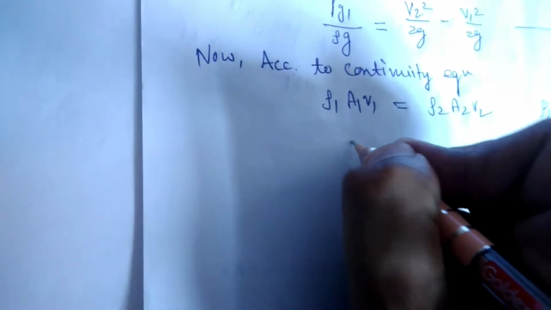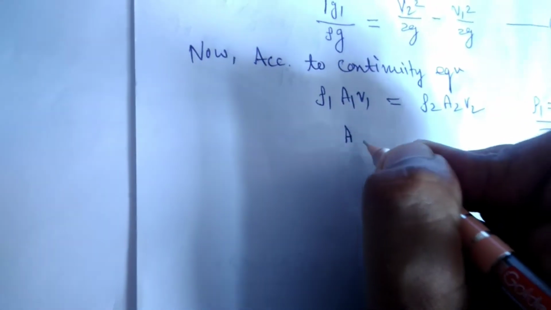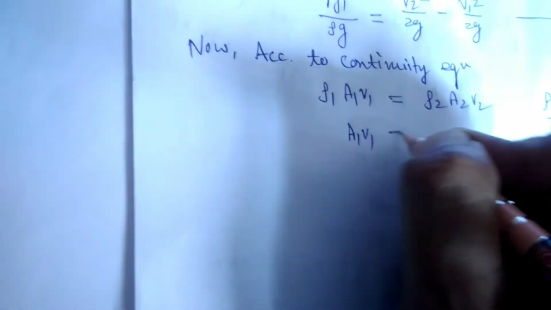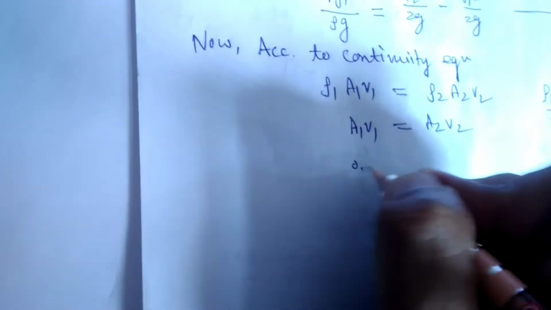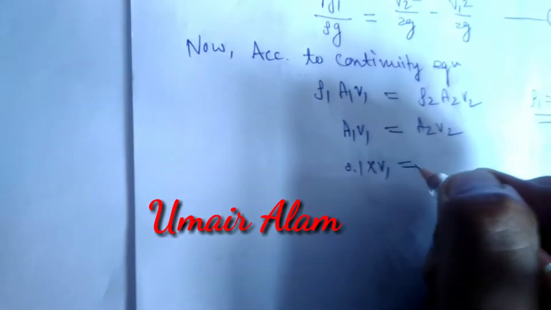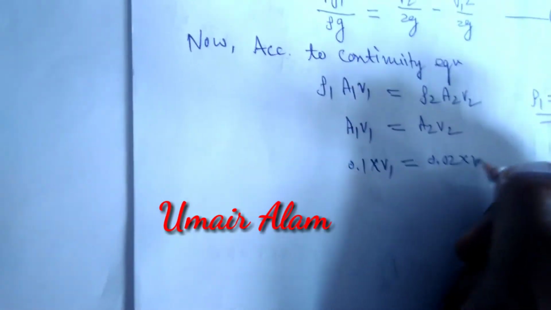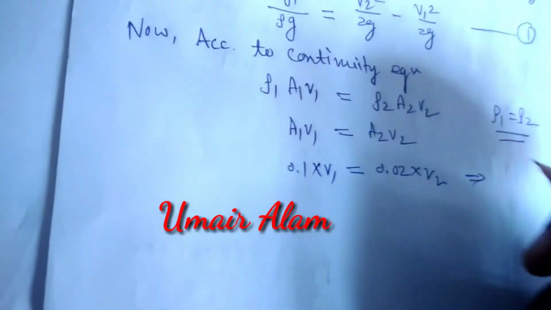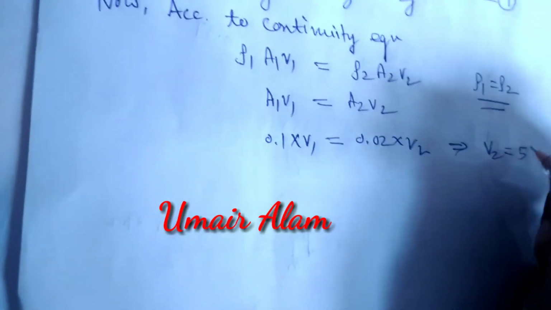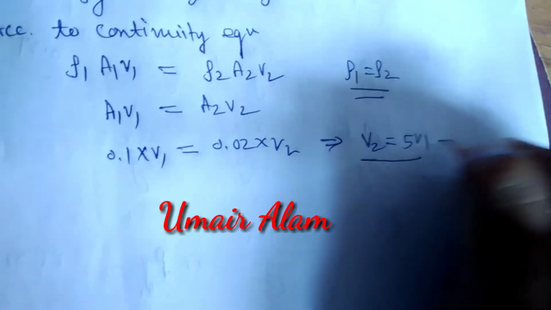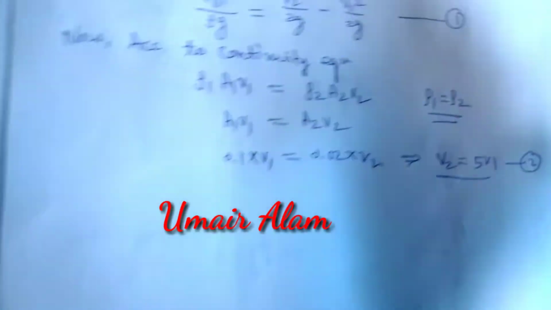The remaining equation becomes A1 V1 is equal to A2 V2, or 0.1 V1 is equal to 0.02 V2. So finally V2 is equal to 5 V1. This is equation second.